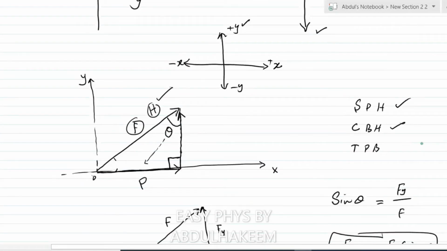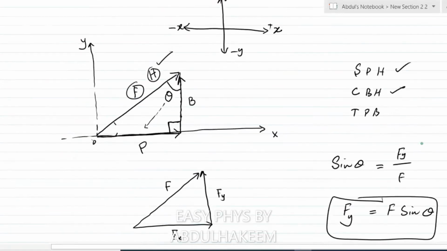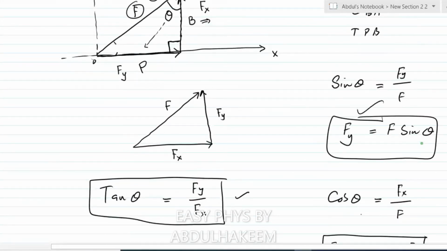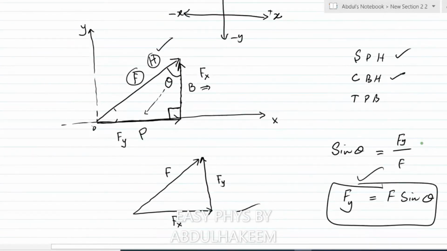This hypotenuse will remain the same, opposite the angle. Now this becomes the base. So base is always the x component. So this line is the x component and this line is the y component. But the formula will remain the same. No change in the formula.